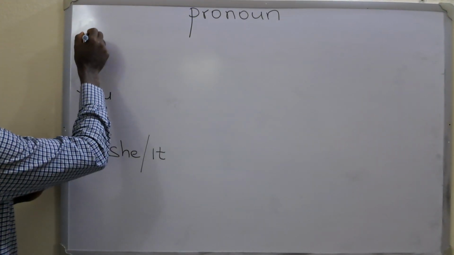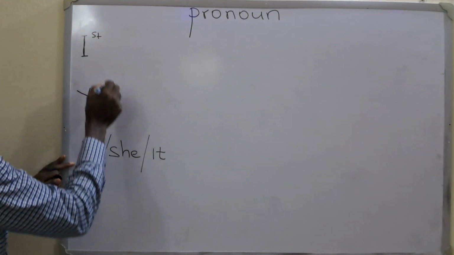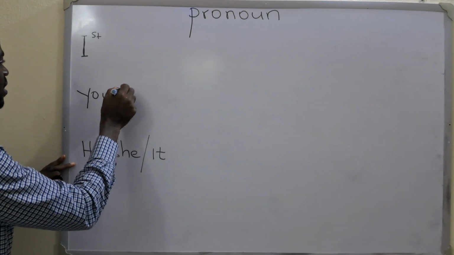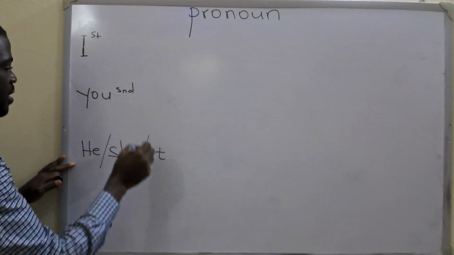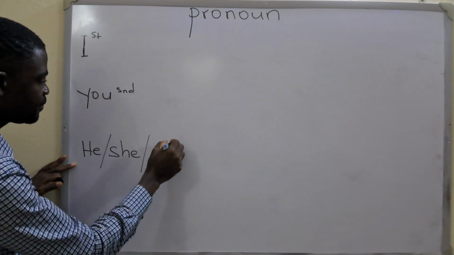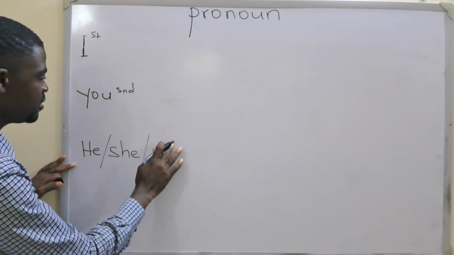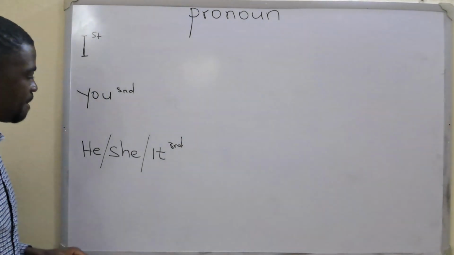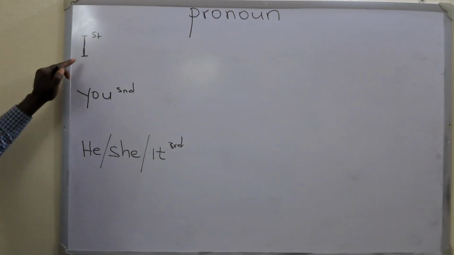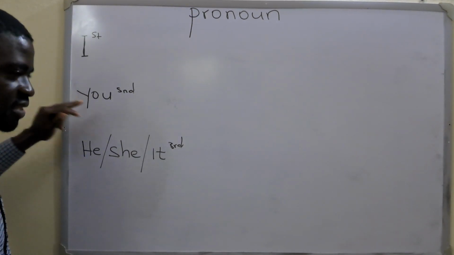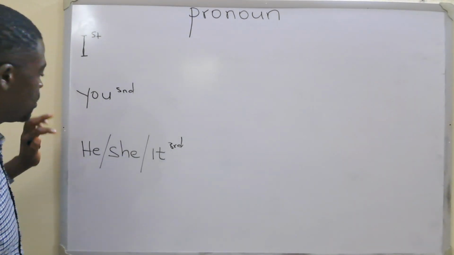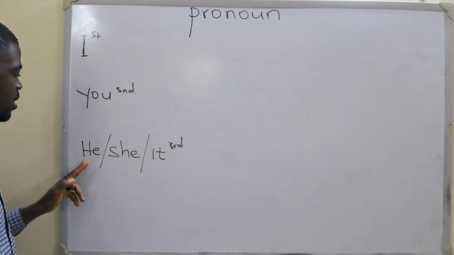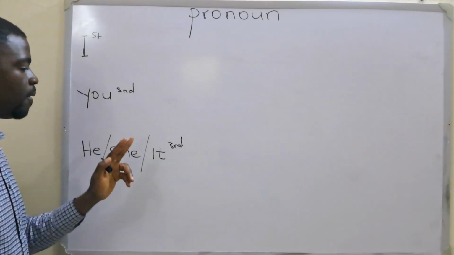So we can say first person, I, second person, you, third person, he, she, or it.